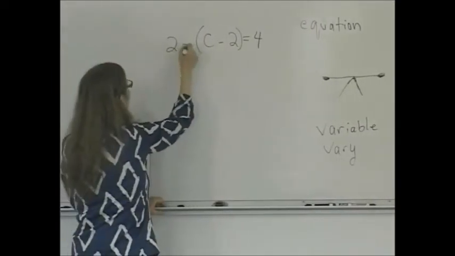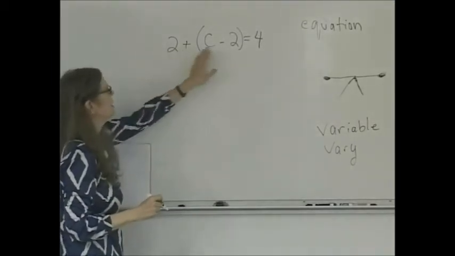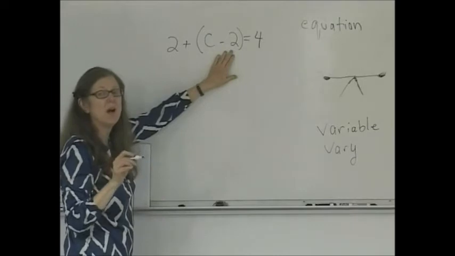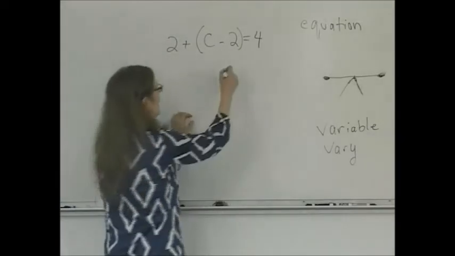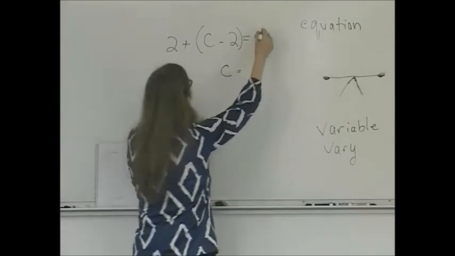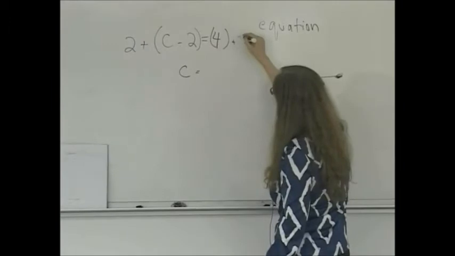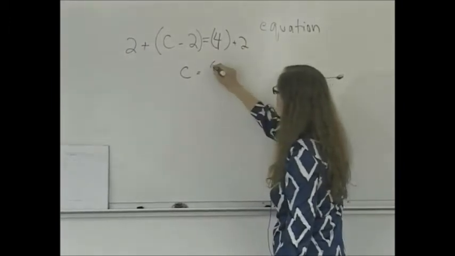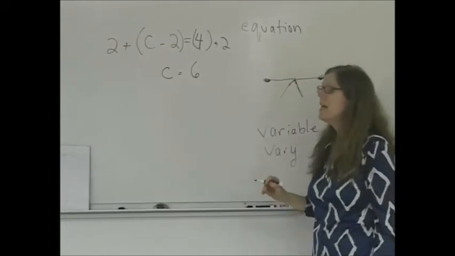I'm going to add 2 to that, because 2 take away 2 is 0, and anything plus 0 is itself, so I'm just going to be left with C on this side. But if I added 2 on this side of the equation, I've got to add 2 on the other side of the equation. So C is equal to 4 plus 2, which is 6.